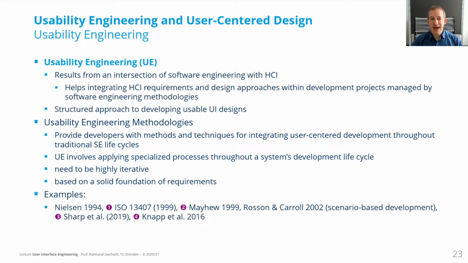What usability engineering processes exist? Actually, there are several. For example, one by Jakob Nielsen from 1994. There is the ISO usability development process, which is described in the standard 13407 and was standardized in 1999.